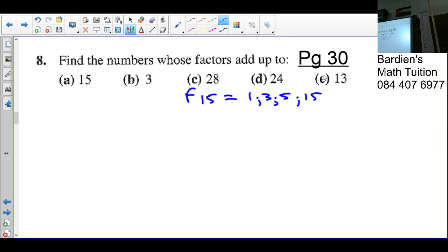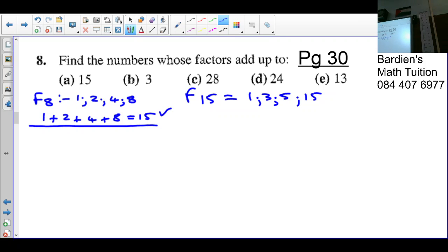The factors of 8 are 1, 2, 4, 8. So that's going to give you 3, 7, 15. So the factors of 8 add up to 15. So that is correct. So which makes that right.